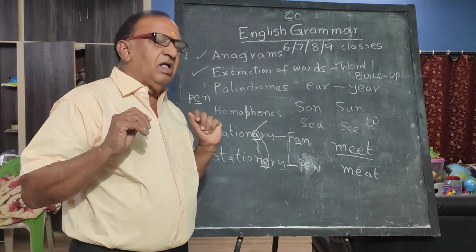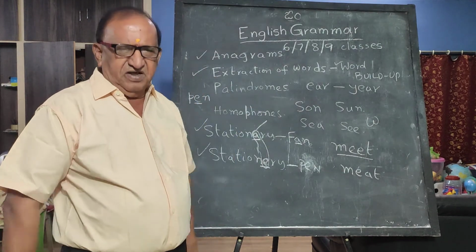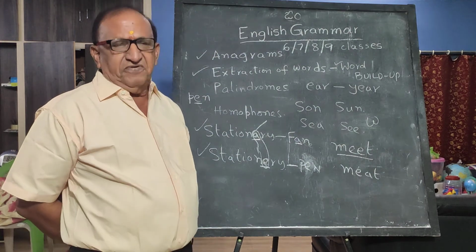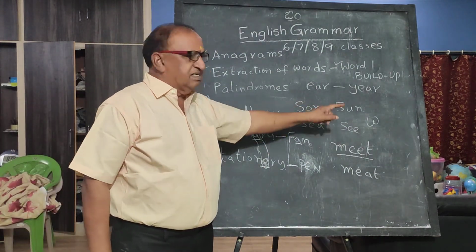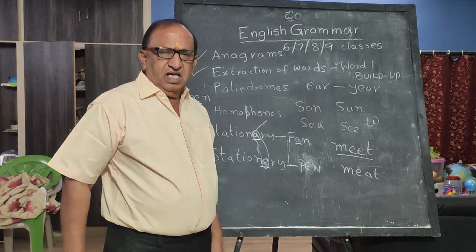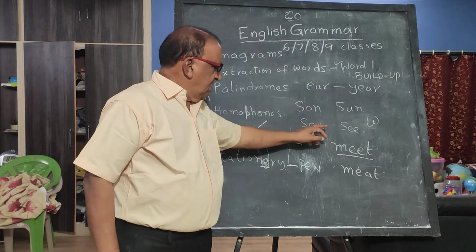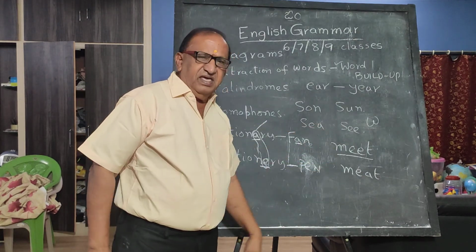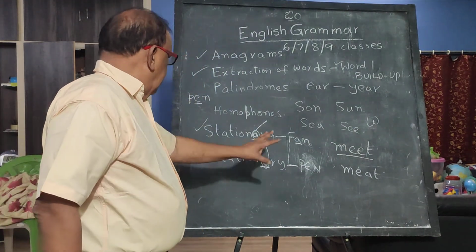Spelling also almost the same, but minor different. They have different meanings. Like for example, I said S-U-N in sun, and S-O-N in son. There is a world of difference. Sun is the planet, and son is the father's son. Similarly, meet, M-E-E-T, and meat, M-E-A-T, meat market versus meeting somebody. Like that I gave you.